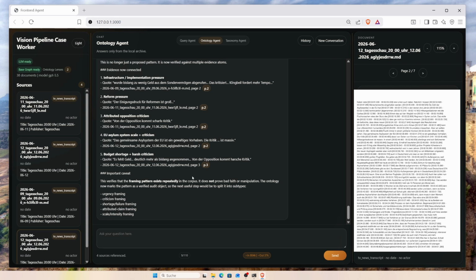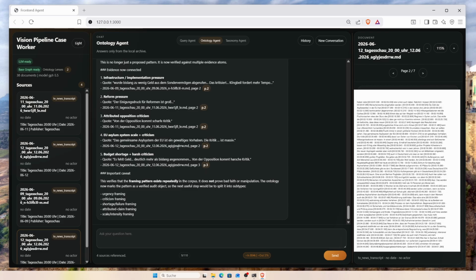So this is like some kind of base ontology you have just created, and I want you to take into account that this has gobbled up like 800,000 tokens in input and 40,000 in output.